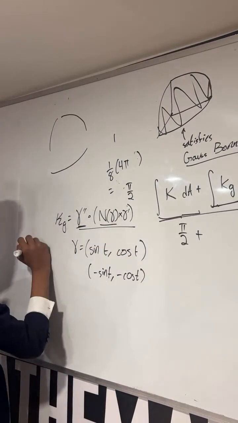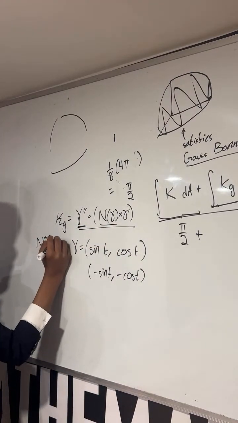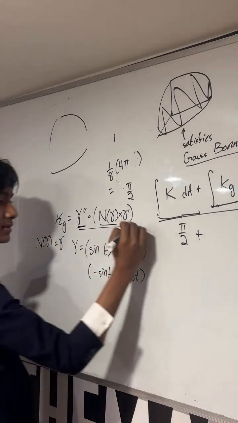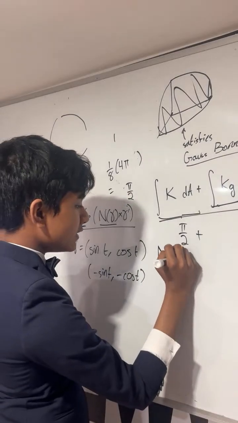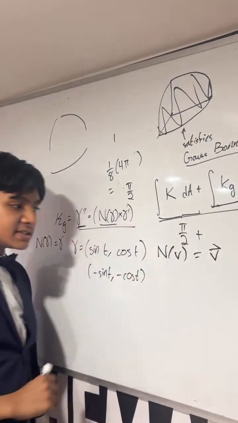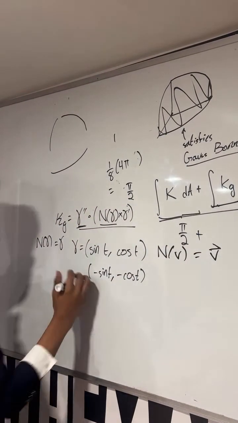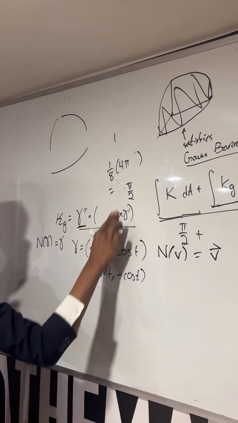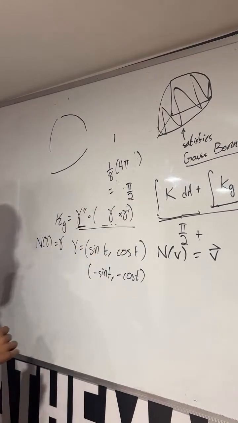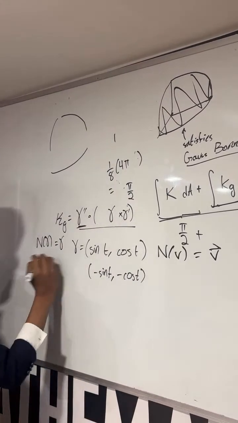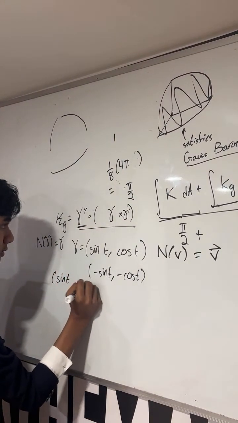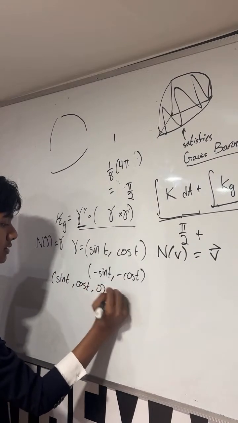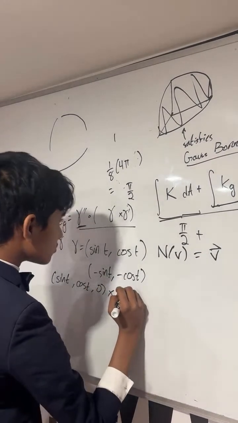This would just be equivalent to this, since the normal vector over the unit sphere is equivalent to the position vector. So that means you get gamma cross gamma prime, which gives you this cross this.